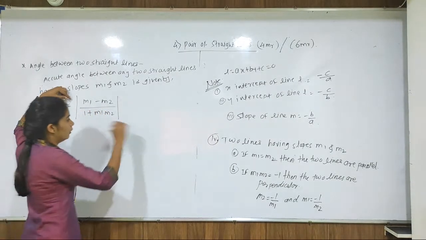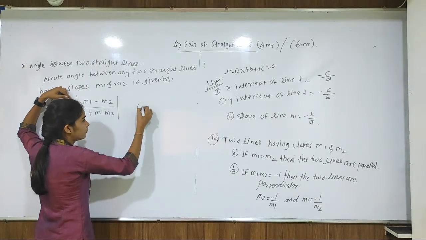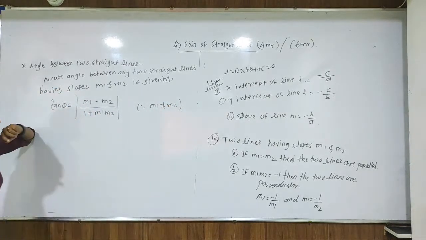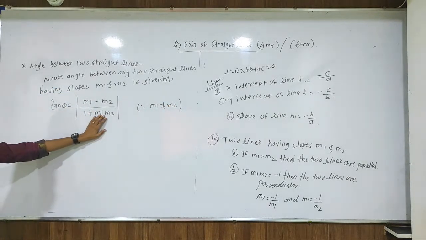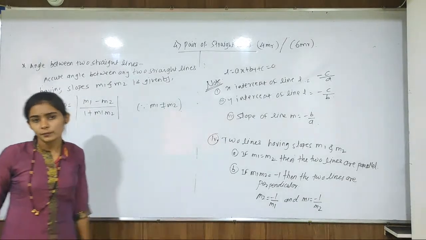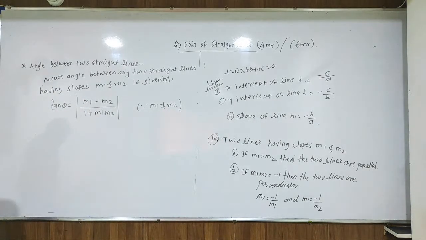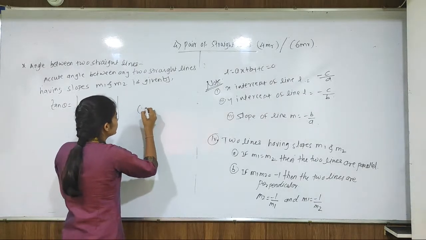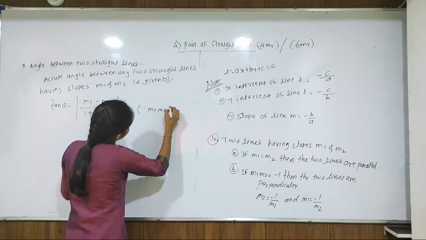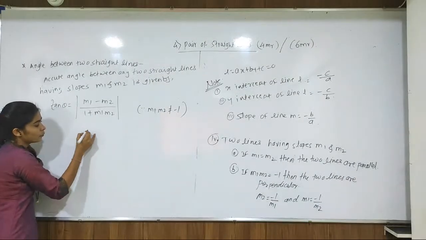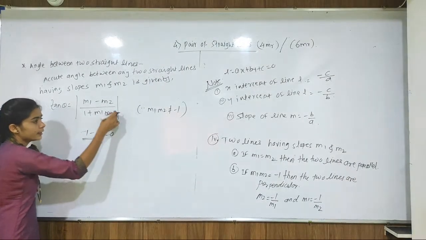Here m1 is not equal to m2, and m1 into m2 is not equal to minus 1, because if it were minus 1, then 1 plus m1 into m2 is 1 minus 1, which is 0, and then it is not defined.